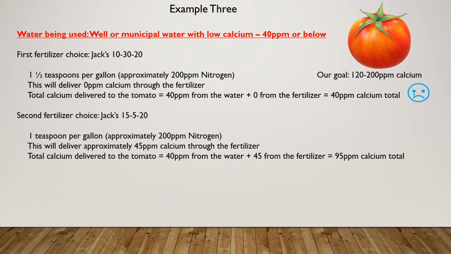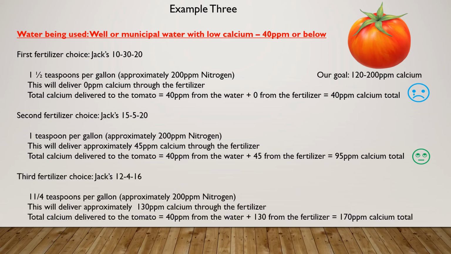Again, not our best choice. The 15-5-20, we're going to get 45 from the fertilizer, 40 from the water, giving us 95 total. Not bad. We could probably get away with that. The 12-4-16 again, 130 plus 40 from the water, 170. Again, a thumbs up from your tomato plants.